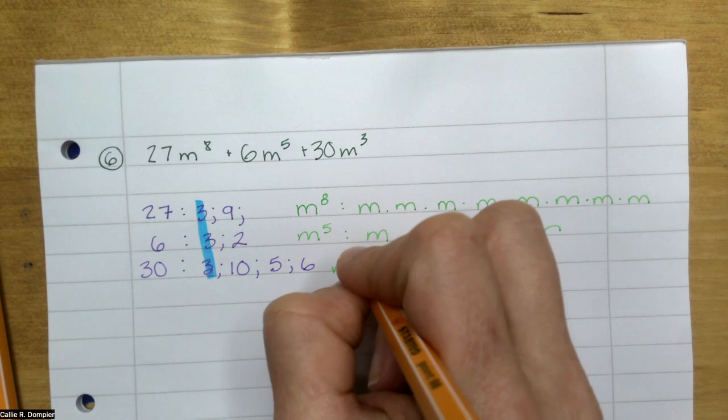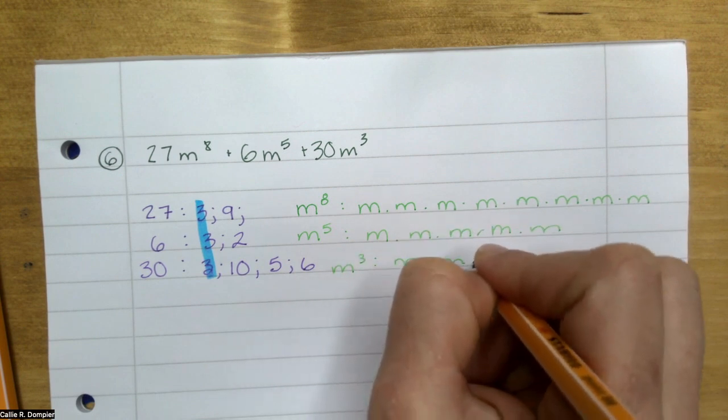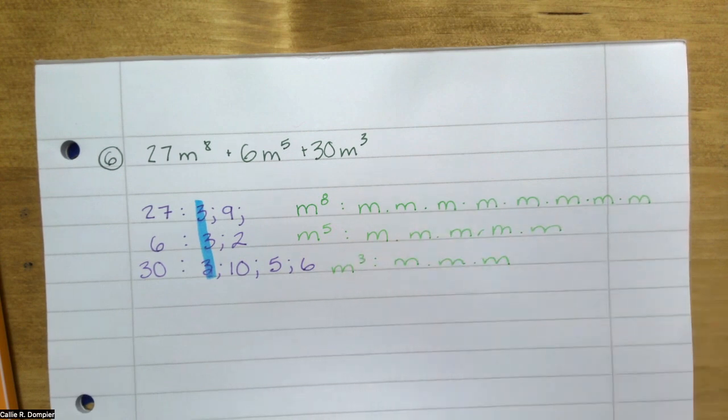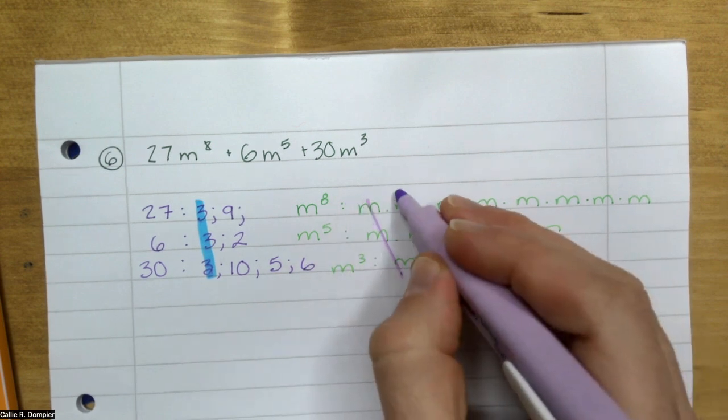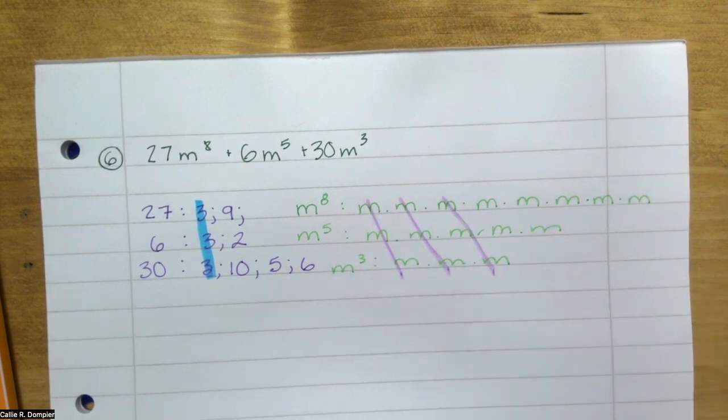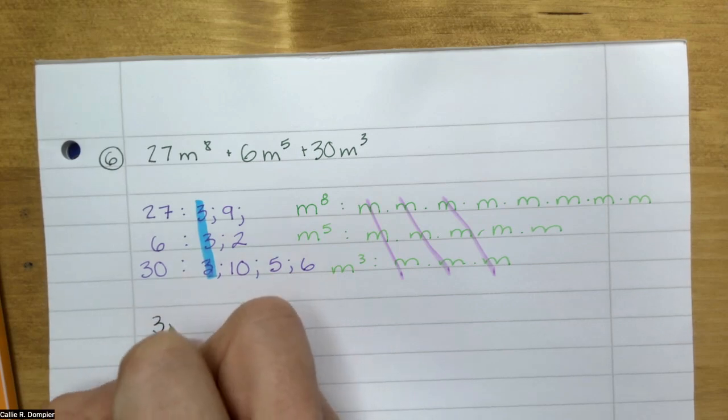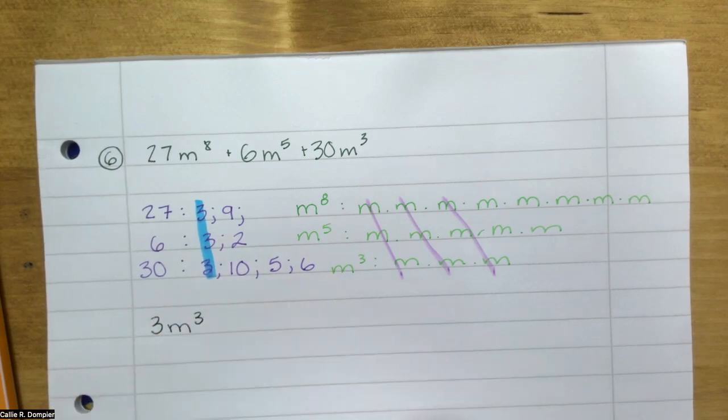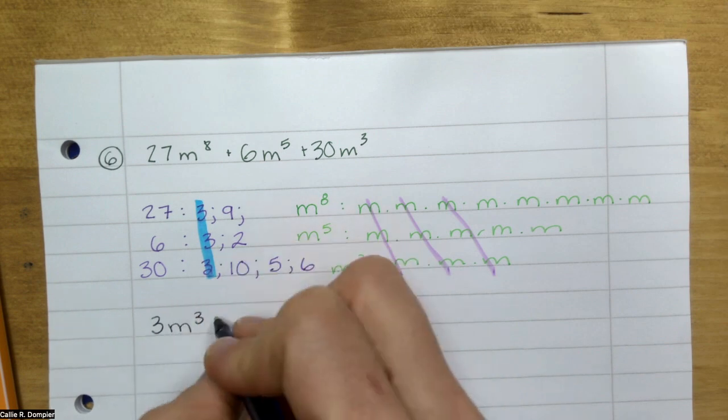And m to the 3rd is 3 m's, right? What can we factor out? What is common? 1, 2, 3 m's are common. So our common factor is 3m to the 3rd. Yeah?